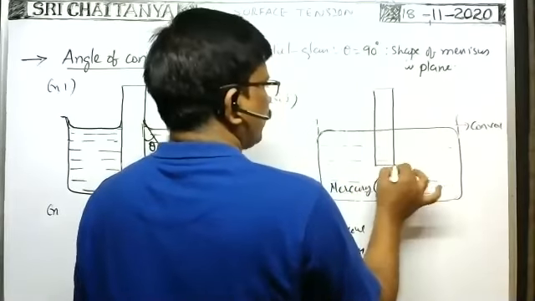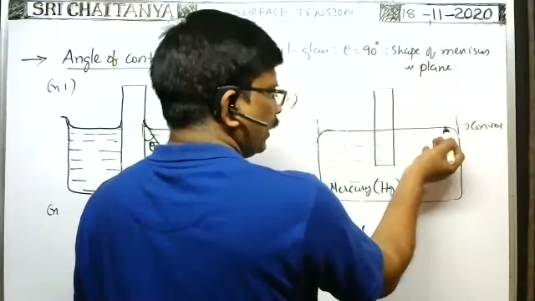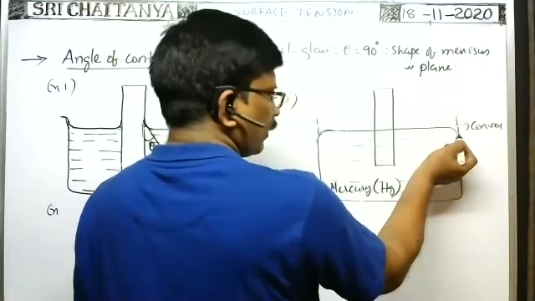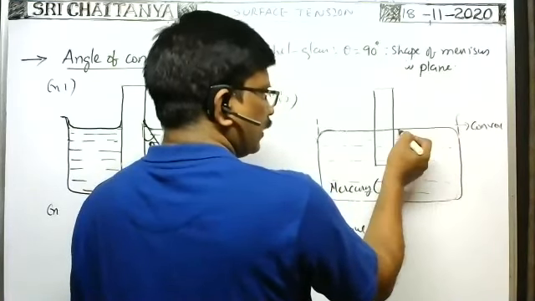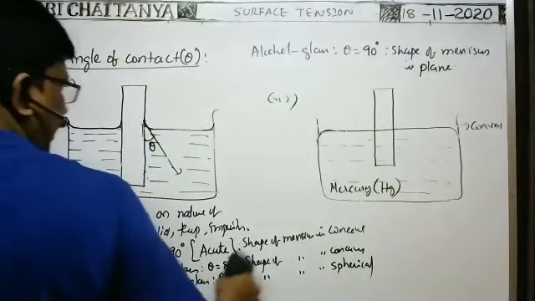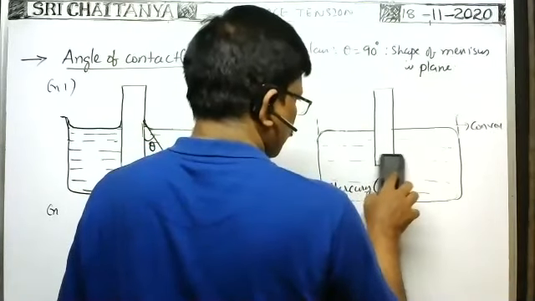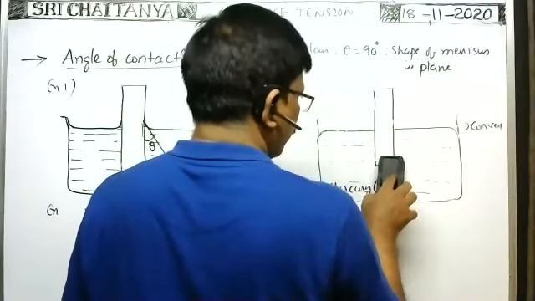Of course, glass plate or glass rod. At the contact of the liquid with the beaker surface, it is in convex shape. Here also it is in convex shape only. If you draw the diagram at the contact place, you will get like this. As it is a glass plate, no mercury is there here.